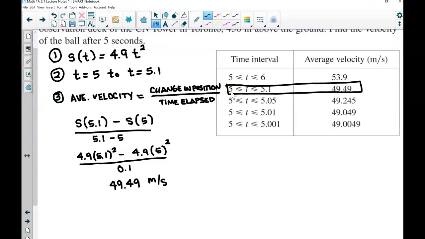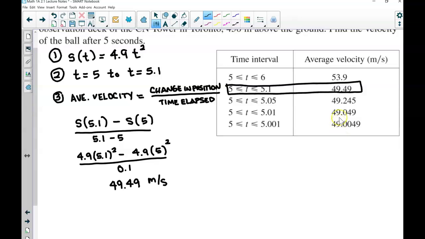Now, this table shows the results of similar calculations of the average velocity. It appears that as we shorten the time period, the average velocity gets closer to 49 meters per second. If we shorten the time period between 5 and 5.05, you can see what's happening with the average velocity. Shorten it even more, and even more, it's getting closer and closer to 49 meters per second.